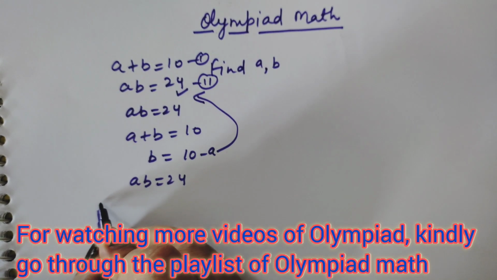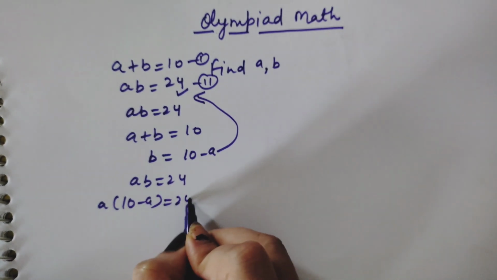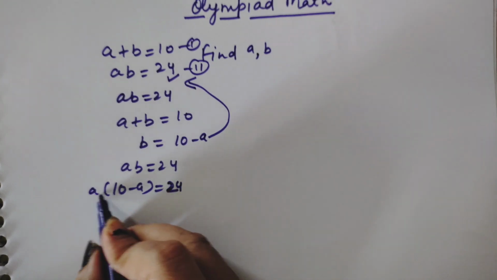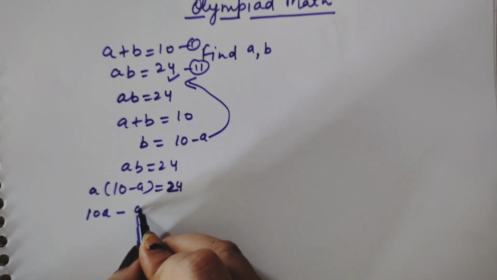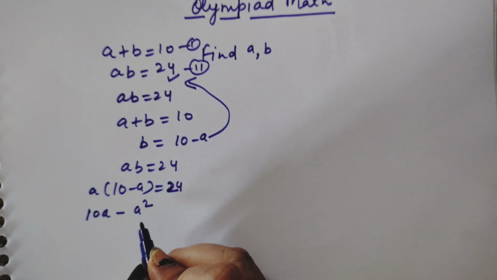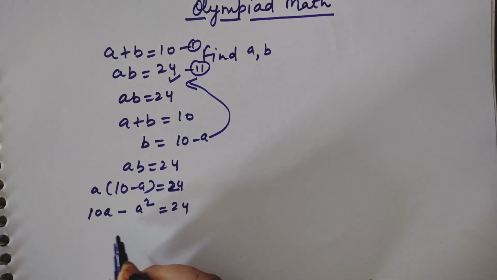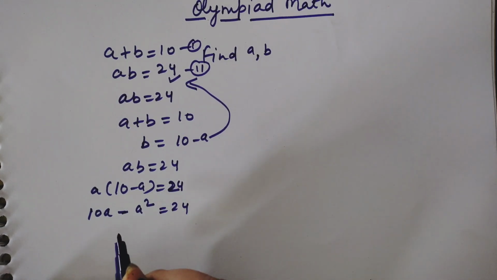We'll put the value of b here: a times (10 minus a) equals 24. Now multiply it: a into 10 is 10a minus a square, and the right-hand side is 24 as it is.